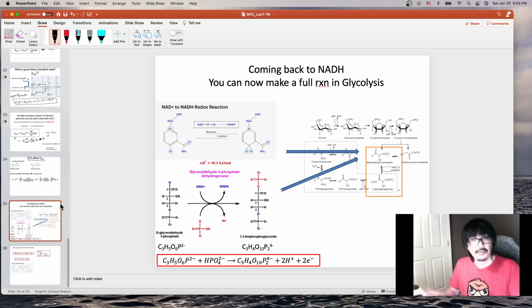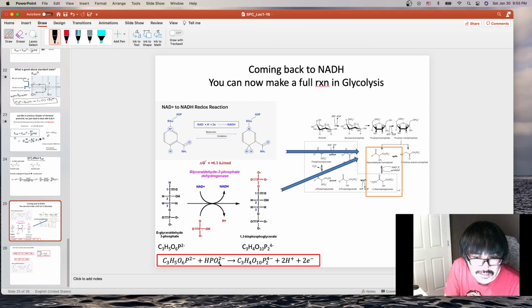The last thing is that I wasn't ready to talk about these things in the previous glycolysis part. We had this reaction going from here to here, right? And that reaction was the reduction of NAD plus to NADH, right? And this reaction right here, if this is reduction, this has to be the oxidation, right? And this is how it is.